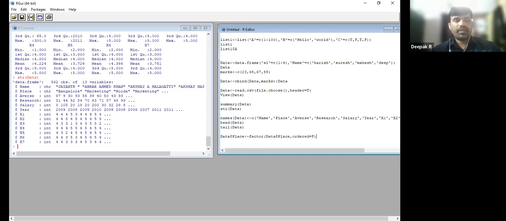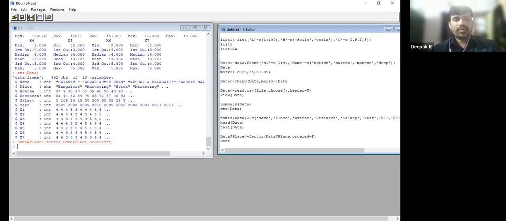Similarly, I want the year to also be considered as a factor. So data dollar year, ordered is also false.